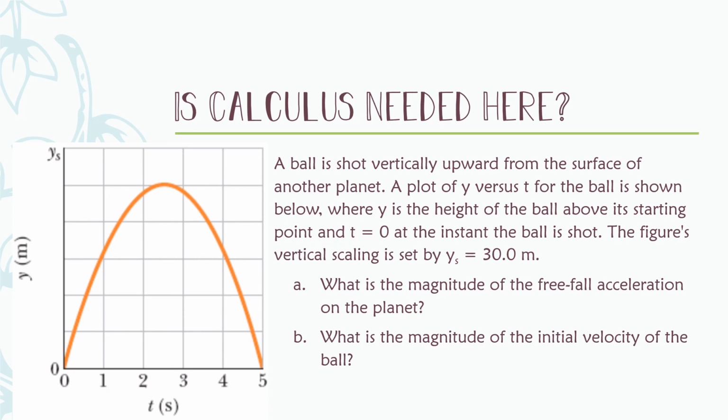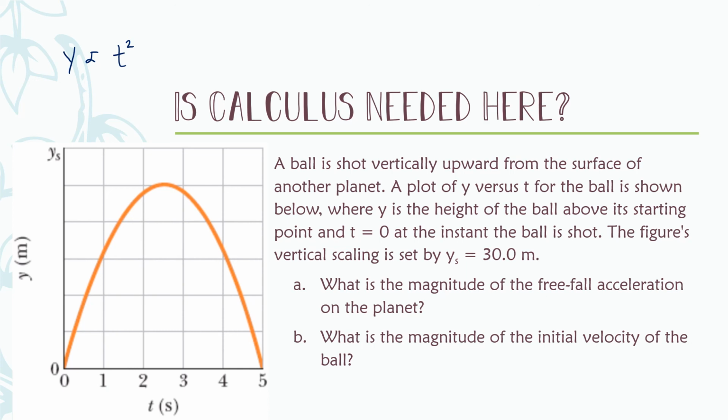Taking a look at the graph that I see here, I notice that I have a parabola. And a parabola indicates that my position function is related to the time squared. So y is proportional to t squared. And if I were to think about taking the derivative of this function twice, I would find that my acceleration is constant.